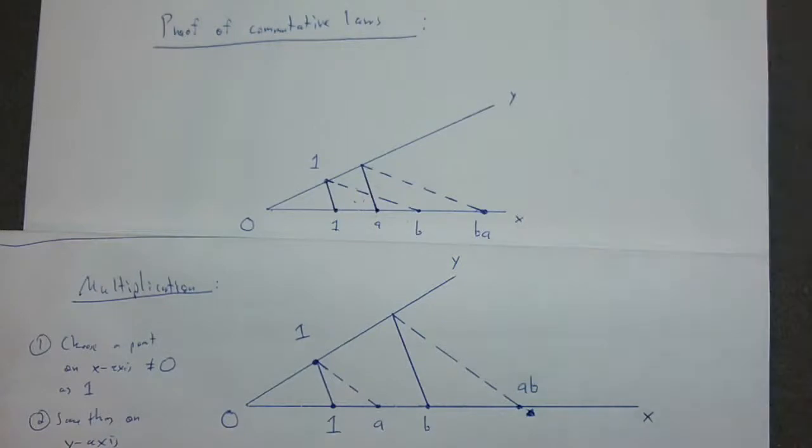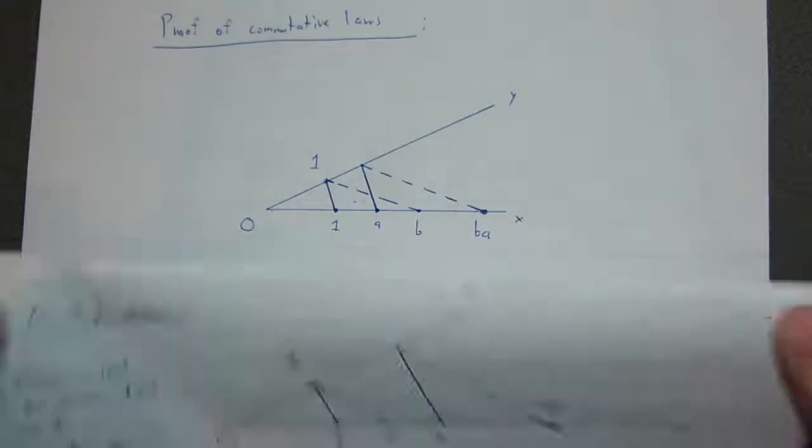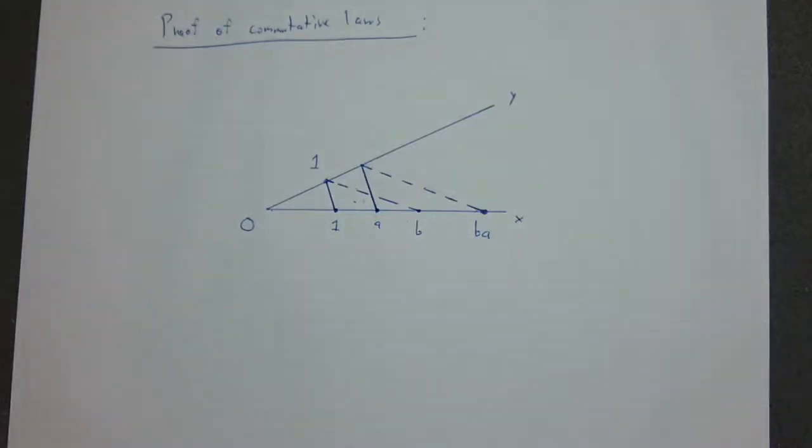And this second construction yields this point B times A, using our same construction. And looking at those things, there's just no way of telling that those should be the same point. The reason for that is that it requires some extra thinking, or it requires really some extra reasons to get you there. Okay, so what are those extra reasons?